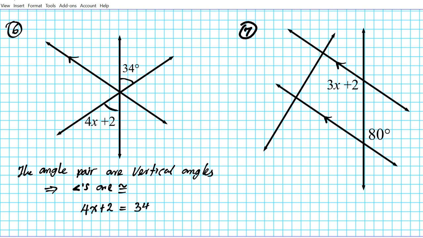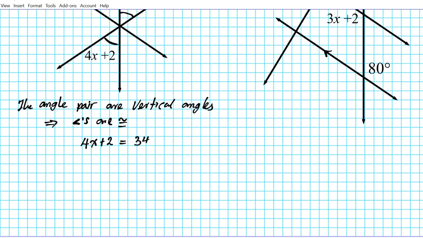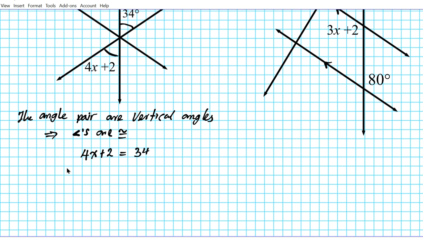To get x by itself, we'll subtract 2 from both sides and divide by 4, and that will result in the isolation of x. Let's do that. Subtract 2 from both sides of the equation, and you have 4x, the 2's cancel out, equals 32.